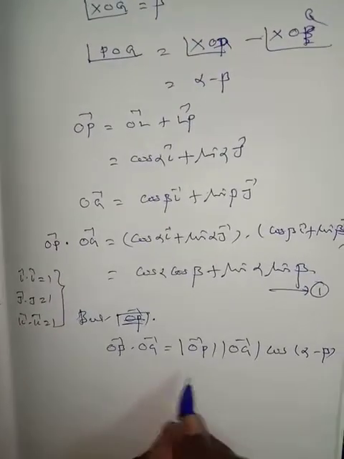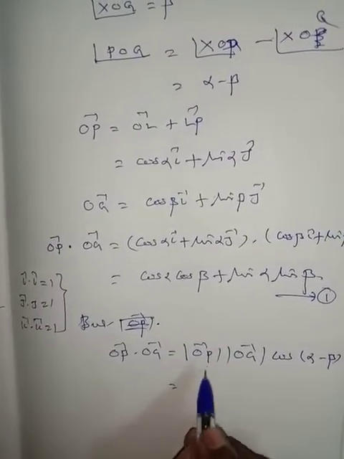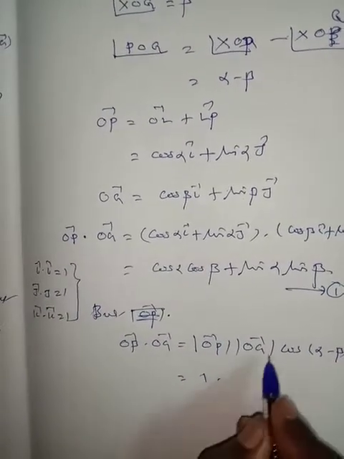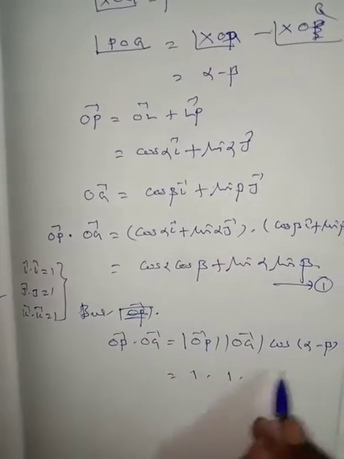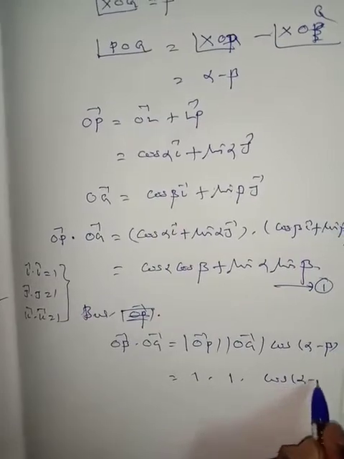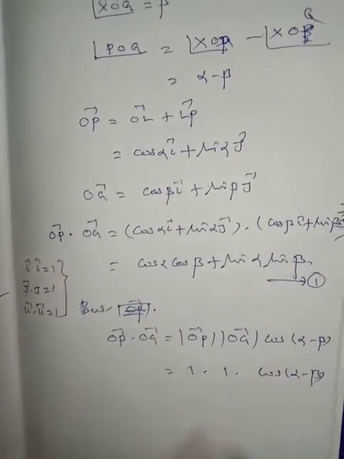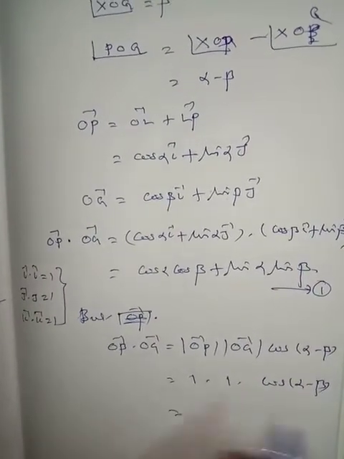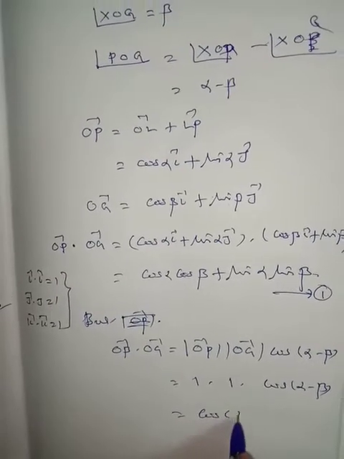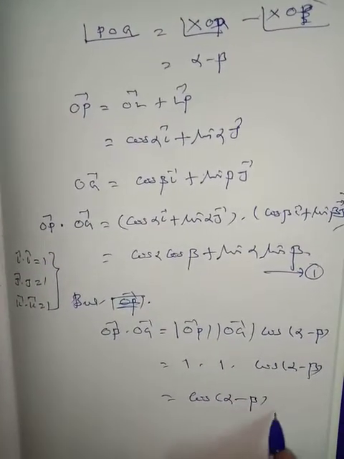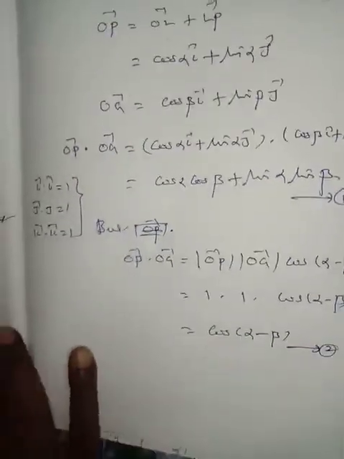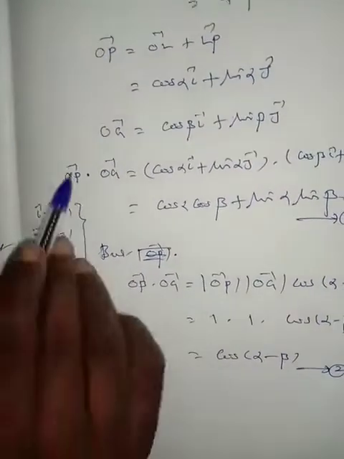Now OP vector is unit distance 1, OQ vector is unit distance 1. Therefore, cos of alpha minus beta, 1 into 1 is 1. Therefore, cos of alpha minus beta. Call this equation number 2.